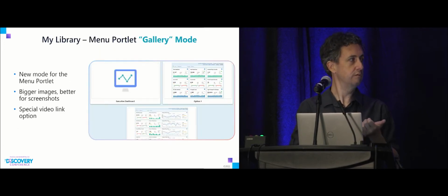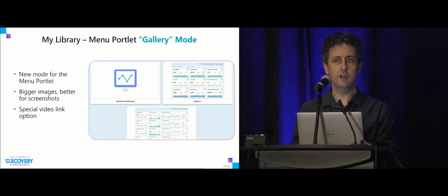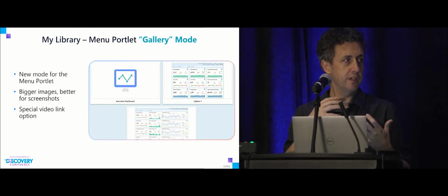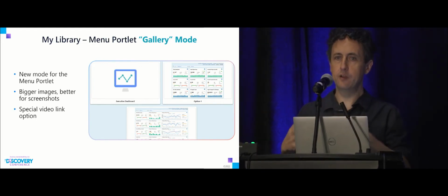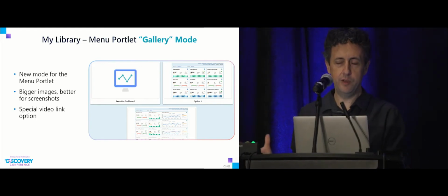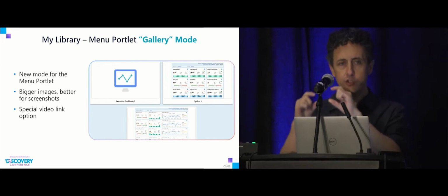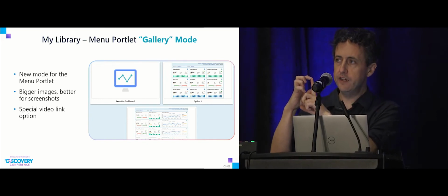The menu portlet, which you may be familiar with, is something we were using a lot in the simplified UI because it was a way to get people to navigate from the landing page to other pages. That usually shows small buttons with an icon in it.